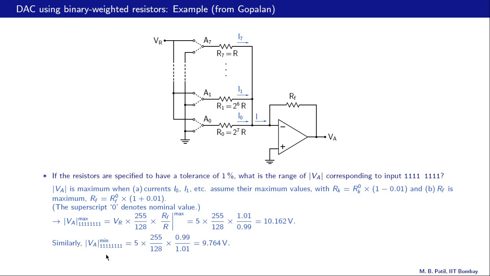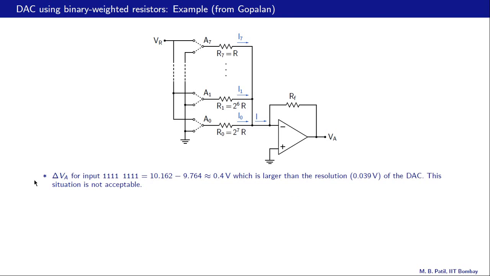What about the minimum value of mod VA? That is just the opposite. We want to make this number now as small as possible. So RF should take on its lowest value, and all these resistances should take on their maximum values. So that gives us this same factor times 0.99 divided by 1.01. That is 9.764 volts.